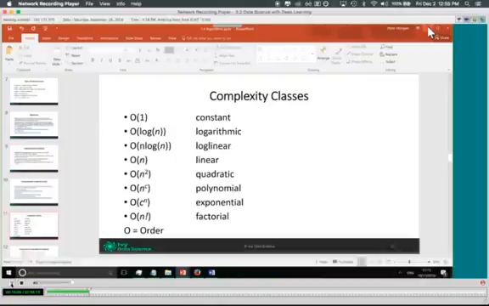Factorial. So 10 inputs, 100 inputs, 100 factorial. It's a very large number, and we sort of hope that if we see that, we realize that our problem is probably intractable using that algorithm. Really, not in a theoretical sense, but in a practical sense.